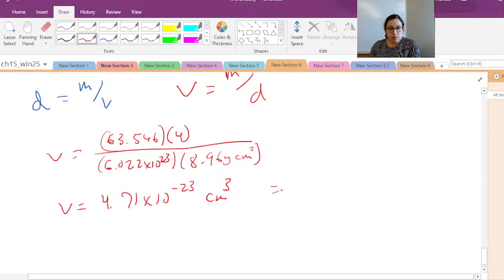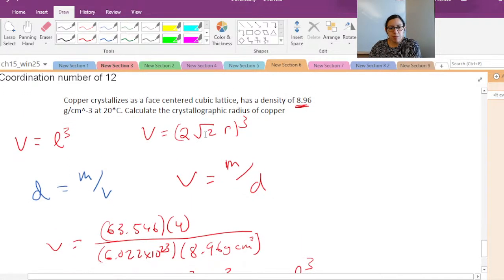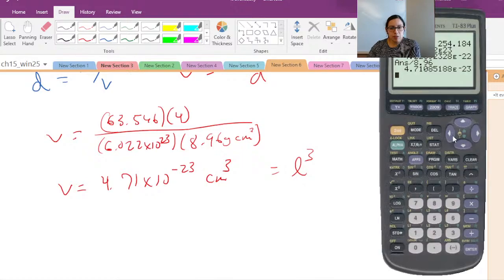So then we said this was L to the third, so we could take maybe the cube root of that to start with. That might make it easier. So then we can set our length equal to our radius. So I think I'll do that. So take this to the cube root.